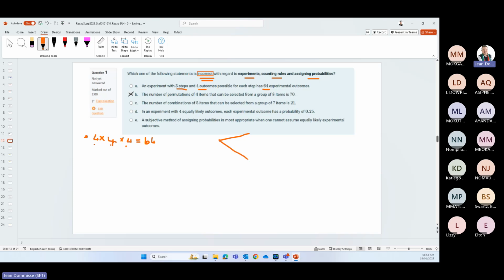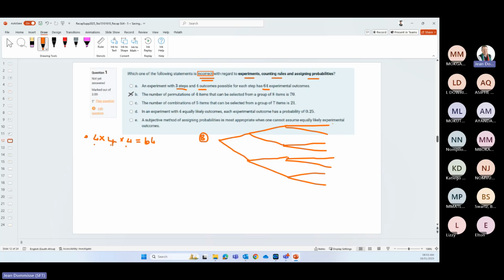So there's my first 2 by 2, then there's my second 2 by 2, and then each of them will have another 2 by 2. So you can use that tree. 2 by 2 by 2 must give us 8.